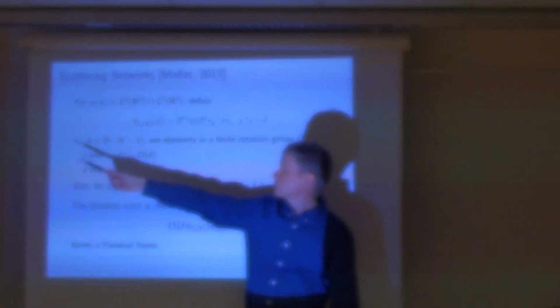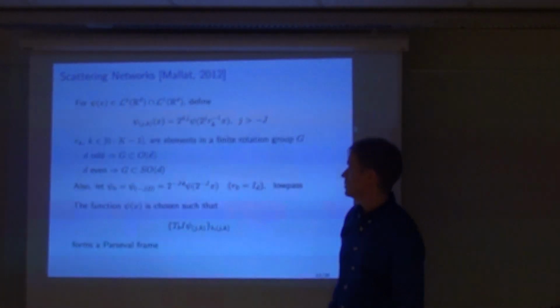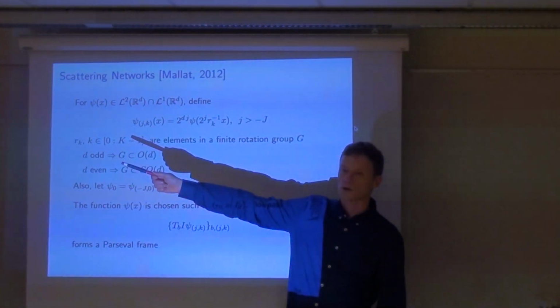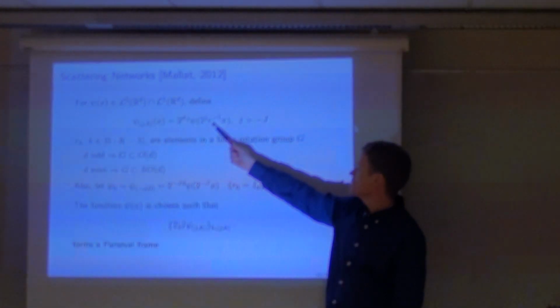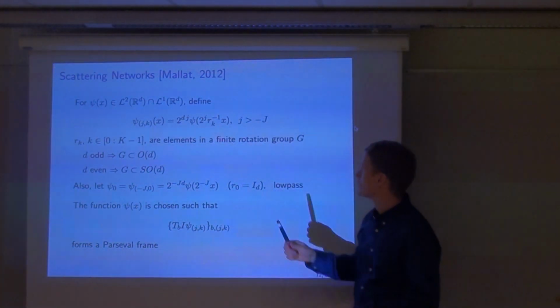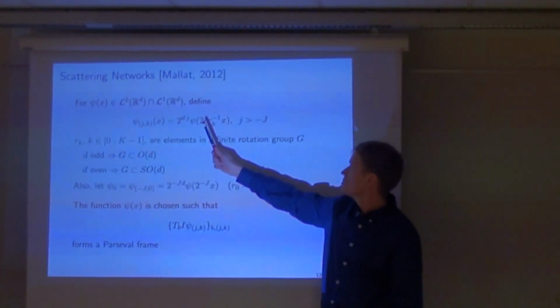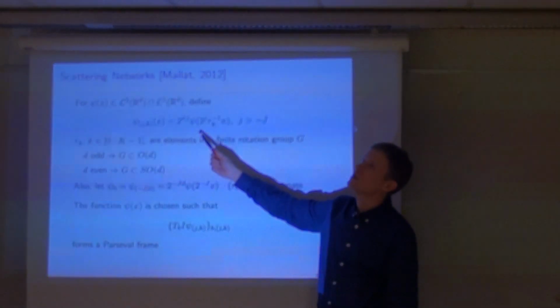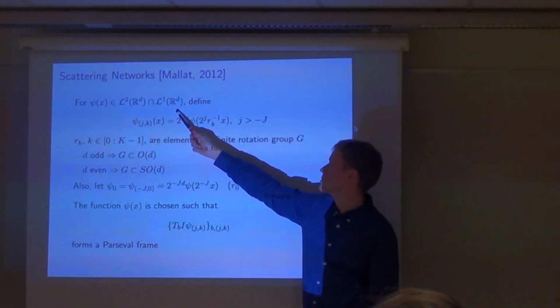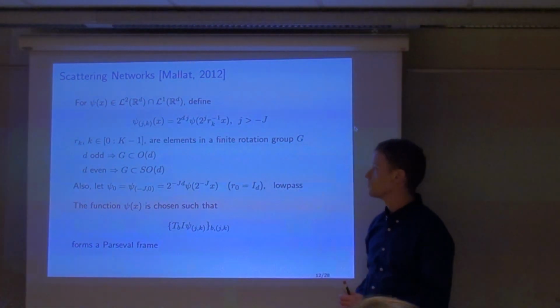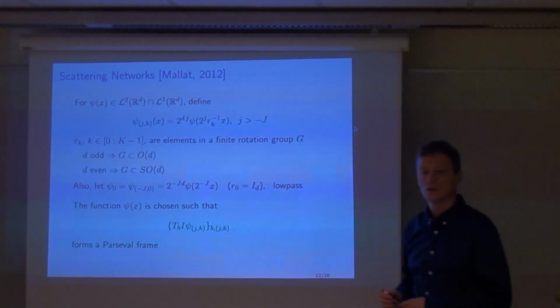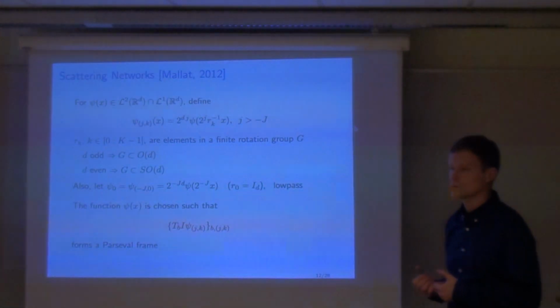This is just an orthogonal matrix R_k, or you have a finite set of rotation matrices or orthogonal matrices R_k, and you apply each of them indexed by k. So you take an input point and then you rotate it. And then you scale. Scaling you have like for wavelets, or not exactly like for wavelets actually, but something similar to wavelets. Scaling you have, but instead of translation you have rotation. Otherwise it looks very much like a wavelet.